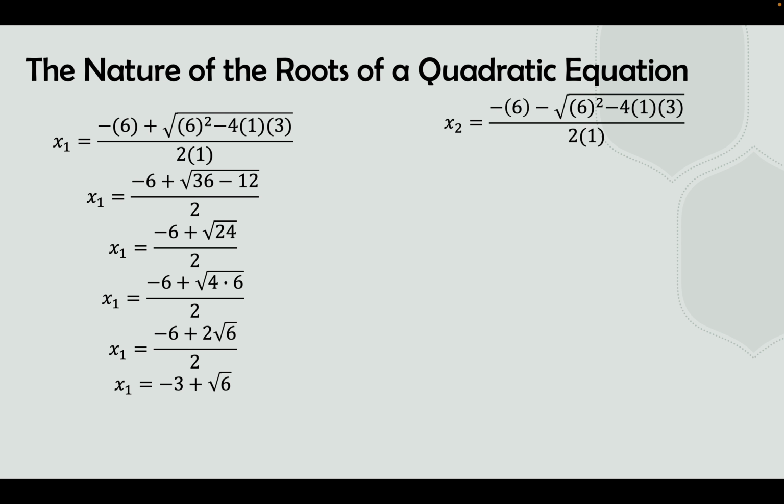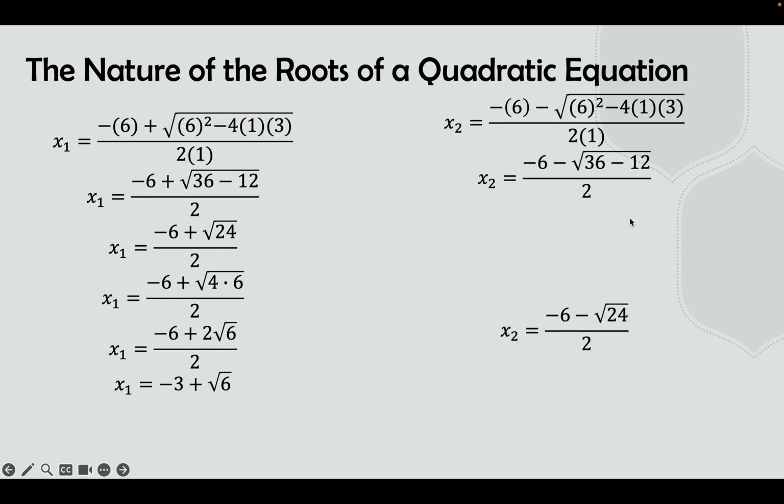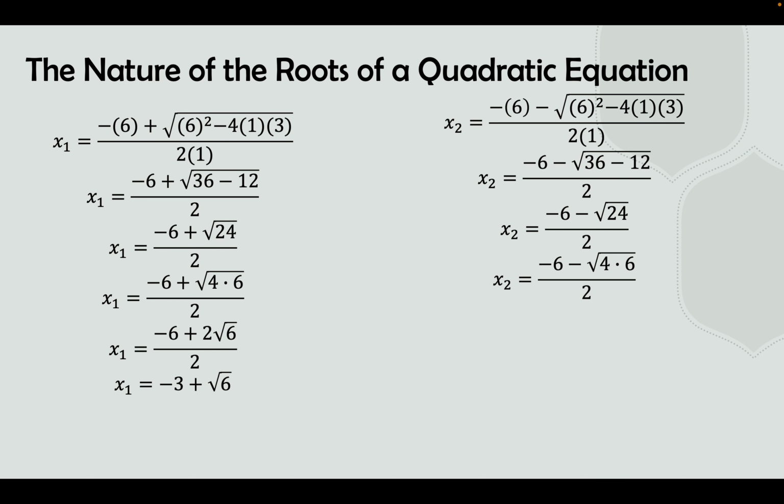And then our x sub 2, we have negative 6 minus square root of 6 squared minus 4 times 1 times 3 over 2 times 1. So let's simplify this one. We have negative 6 minus square root of 36 minus 12 over 2. So we have negative 6 minus square root of 24 over 2. We can factor square root of 24 as square root of 4 times 6.